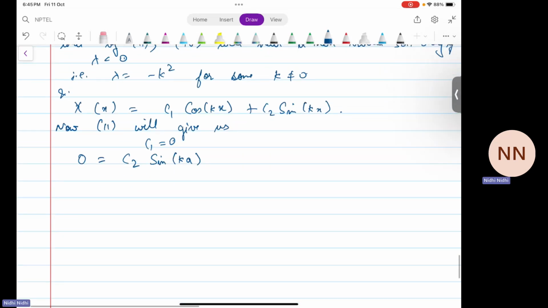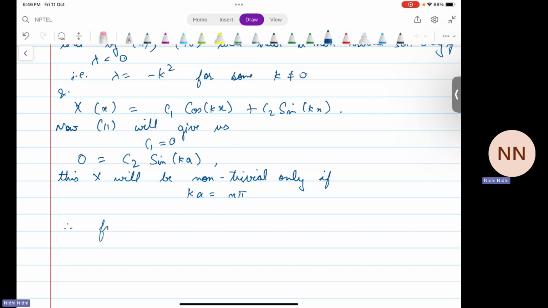So we will get a non-trivial solution only if ka equals some n pi. This X will be non-trivial only if ka is equal to n pi.